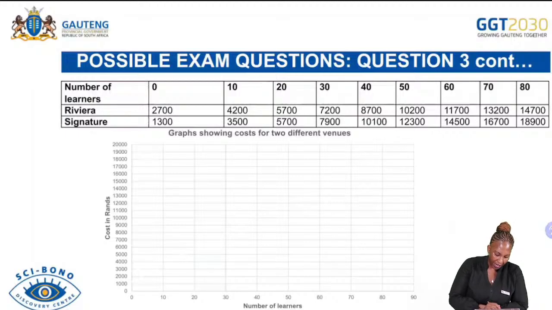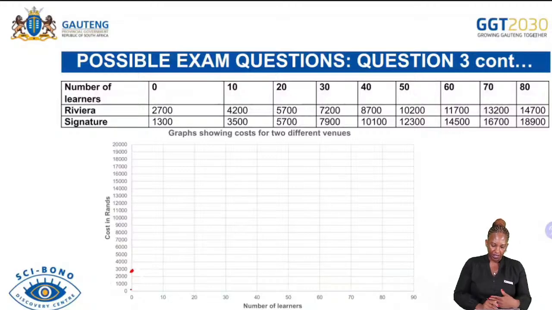Now, graph Riviera. Riviera starts where? The coordinates, it says 0 and what? 0 and 2,700. So where's 2,700? You can say it is here. So it means graph for Riviera, it will start here at 2,700, just below 3,000. And then we say that is point number 1.